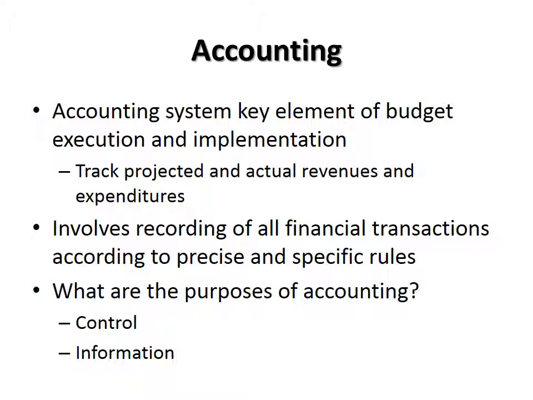From an information perspective, the accounting system is designed to provide complete, timely, and accurate information concerning revenue receipts and expenditures. Some of the purposes as they relate to these information needs are: first, providing historical data on revenues and expenditures. Second, providing information that's needed to assess the efficiency and effectiveness in delivering services.